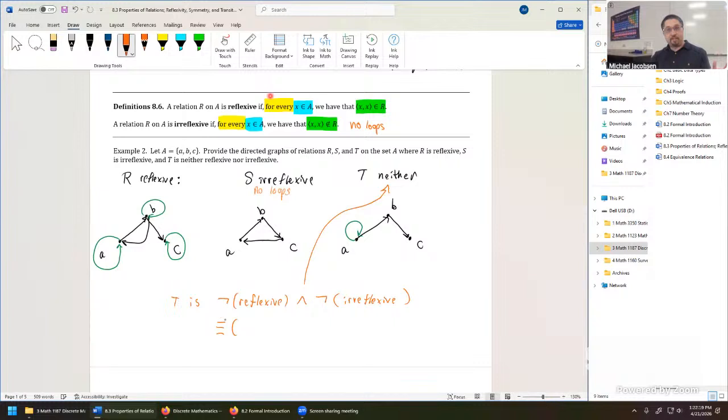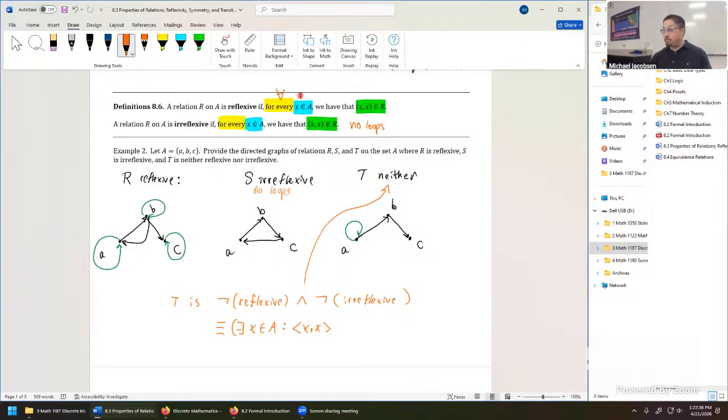So we would say not reflexive means the existence of an element X in A such that (X, X), we're negating this part of the quantified statement. We just didn't put in the for every, but you can imagine there absolutely is.